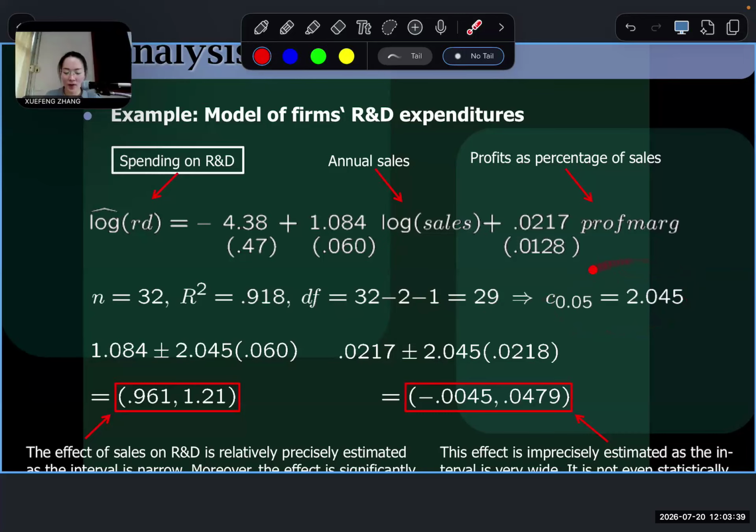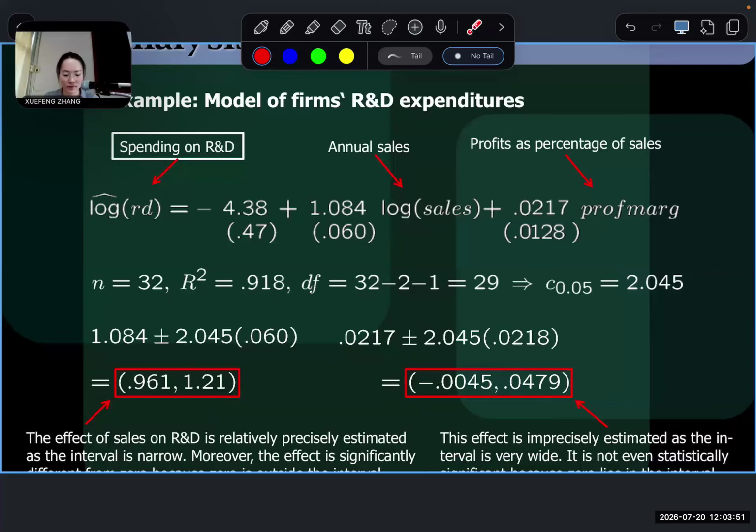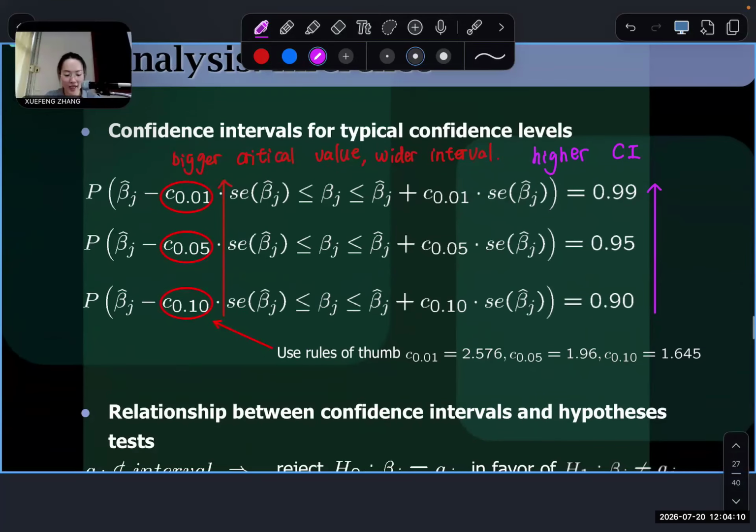And here, we use the critical value at 5%, okay? For log sales, how do we calculate the confidence interval? You need to look at the formula here, right? Beta j hat minus the critical value times the standard error. Okay, you try.